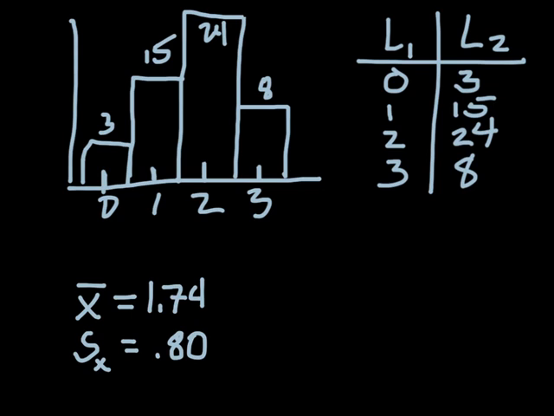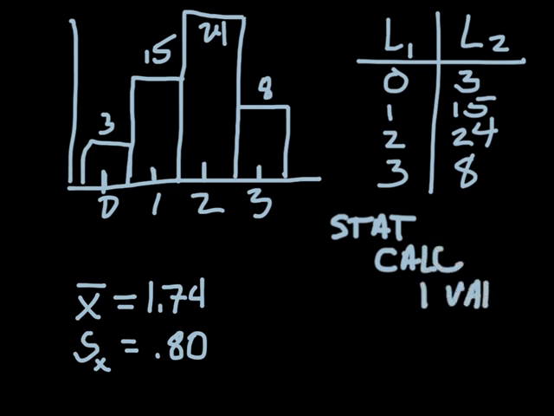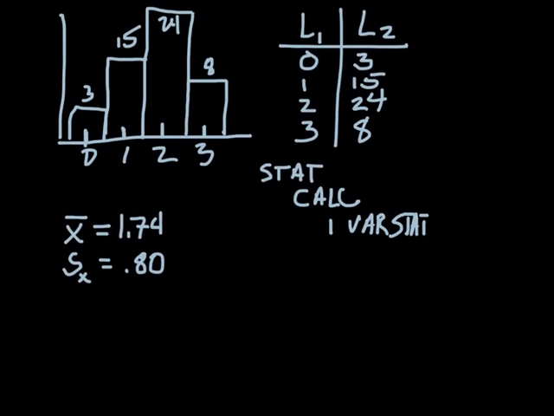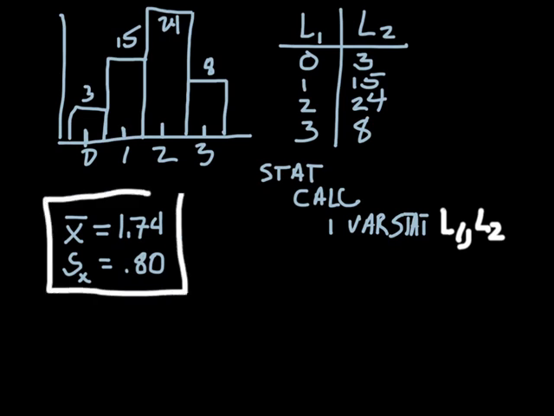So the way I did this is I'd take my lists and then I'd go to Stat, Calculate, One Variable Statistics on my calculator, and then I would enter list 1, comma, list 2, and press enter. What it returns, what I'm supposed to find in the problem, is the mean of this histogram of data and the standard deviation, and these are the answers you would get for that.